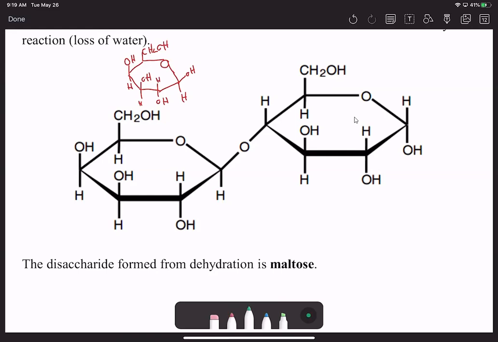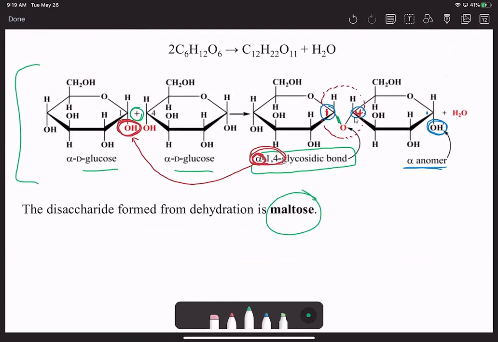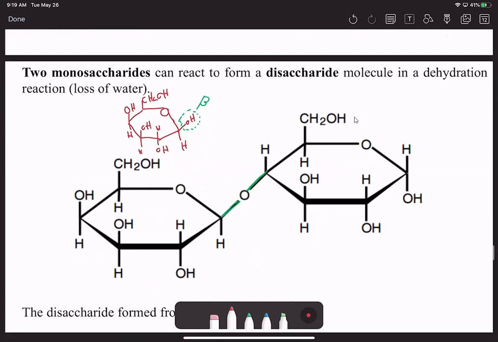And notice that this hydroxy group is in the beta position. So we notice that this beta position causes the bond to look much different. We see how that O is pointing up, and in the previous one, we see that O pointing down because of this hydroxy group and its placement. Because this hydroxy group is pointing up, this is bonded differently, because this is in the beta position.